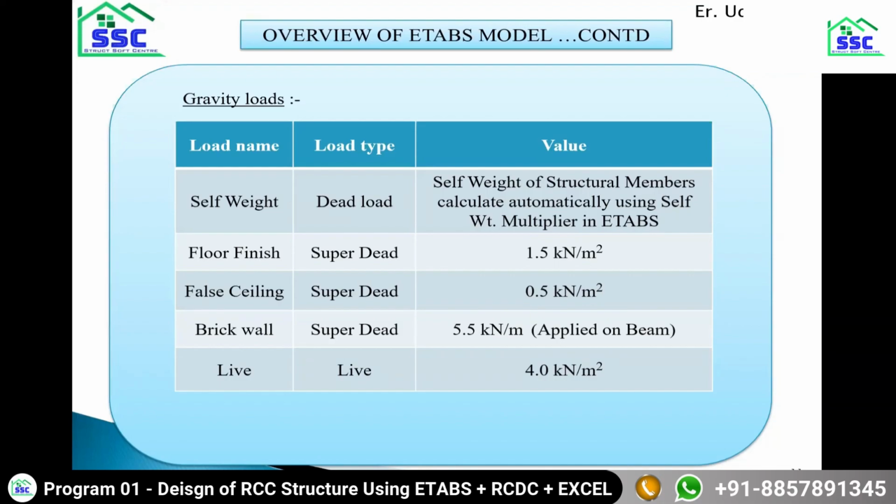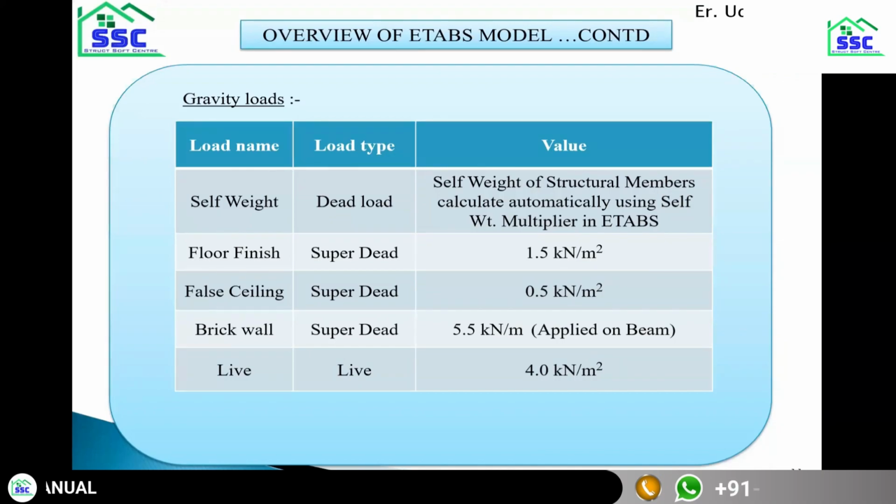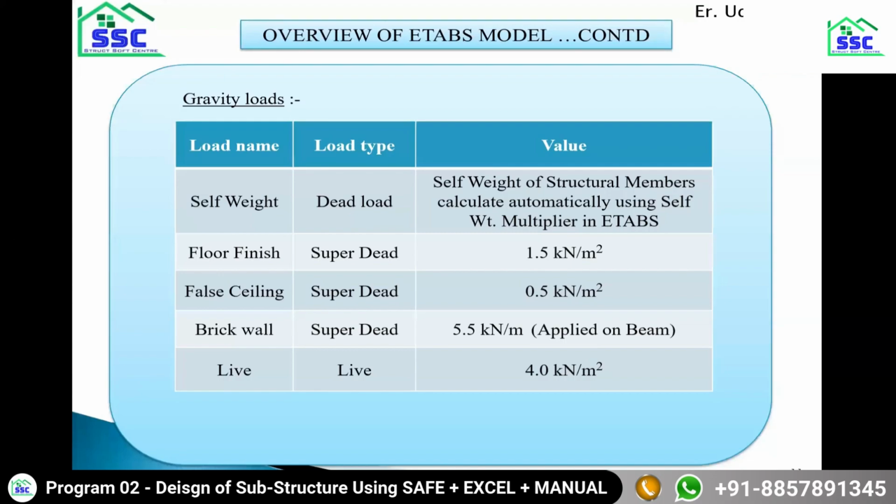Then the brick wall, whose type is also super dead. The value of the brick wall load is 5.5 kilonewton per meter, and it is applied on all the beams. The floor finish and false ceiling load were applied on all the slabs. So this was all about the dead load.